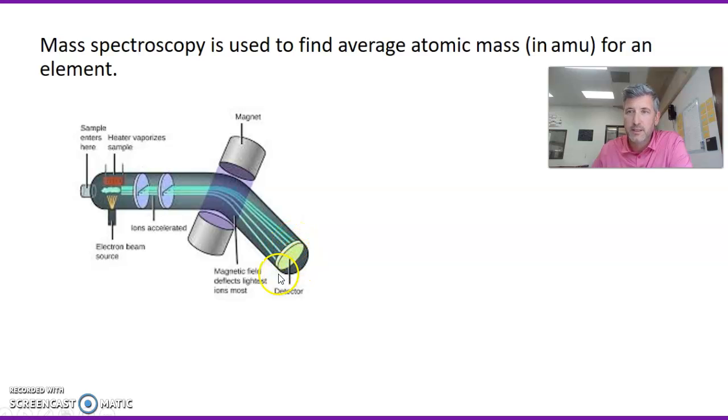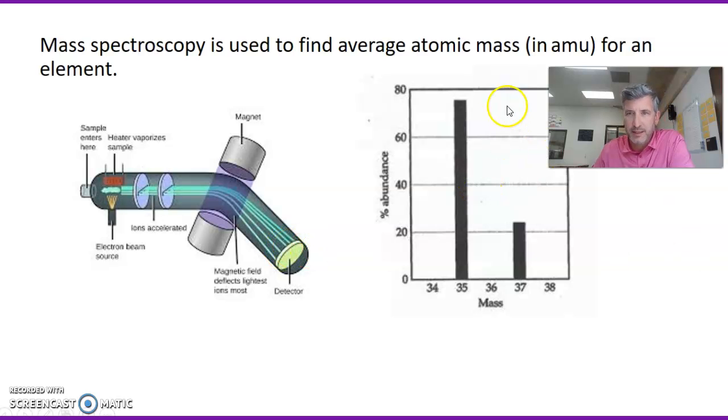And all of this is hooked up to a computer that can sense how many impacts there are from different atoms, different isotopes at different parts of the detector. So it'll tell the person that reads the computer screen that, let's say, for example, 60% of the ions hit right here, and therefore were the lightest isotope, and then 10% hit right here, and so forth. So it'll end up creating a graph that looks something like this.